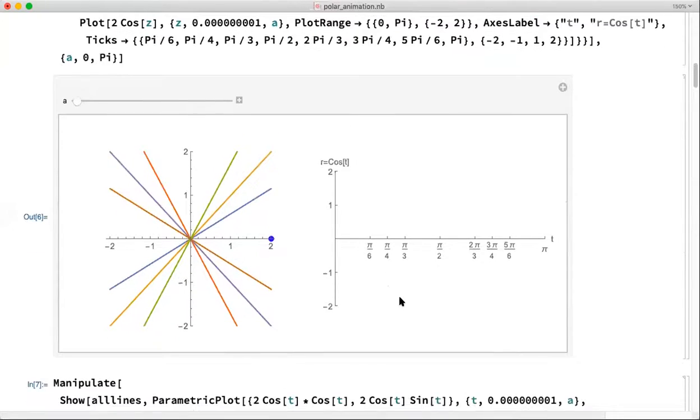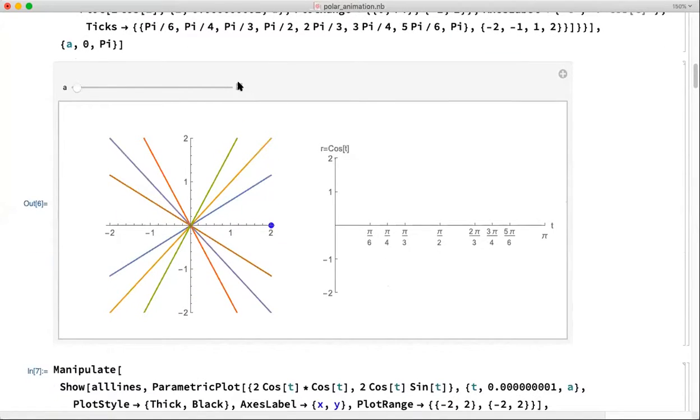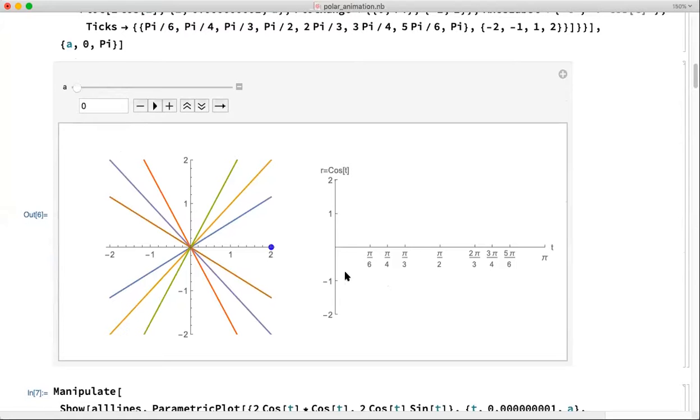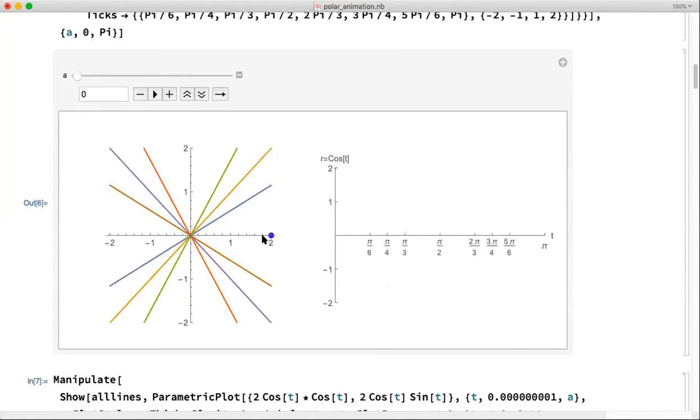Let me look to see, yeah, this is the right picture. Okay, so I hope you're getting used to this. It's two panes, lots of stuff going on in this picture, but on the polar plane on the left, you're looking at a blue dot, and I'm going to let the angle of that blue dot approach just from 0 to pi this time, okay? So on the picture on the right, I've got a theta axis, and I've marked some usual trig function angles, pi over 6, pi over 4, and so on.